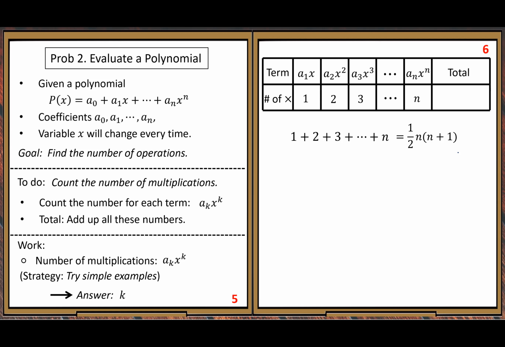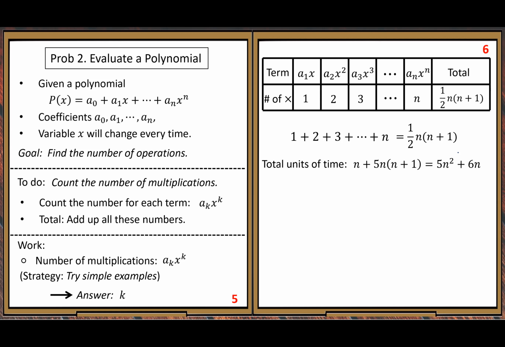But we need to convert it to units of time, right? In order to put addition time and multiplication time together, we need to use the same unit. So converting to the units in our extra assumption, we multiply this number by 10.